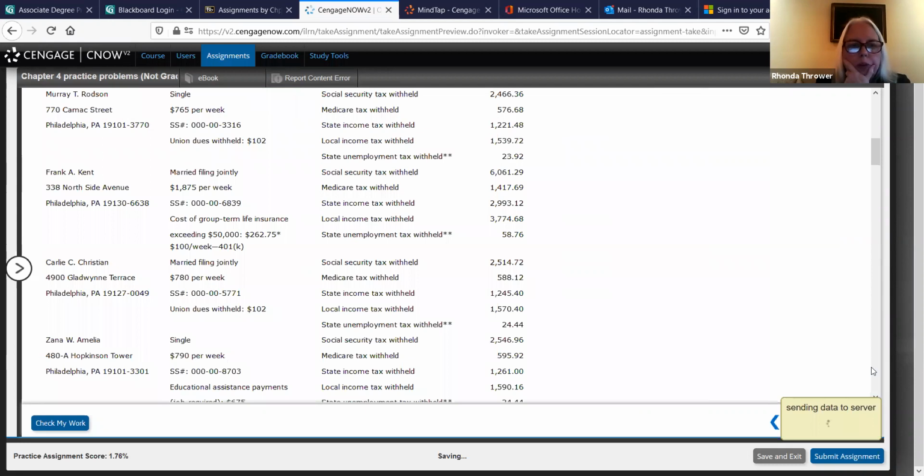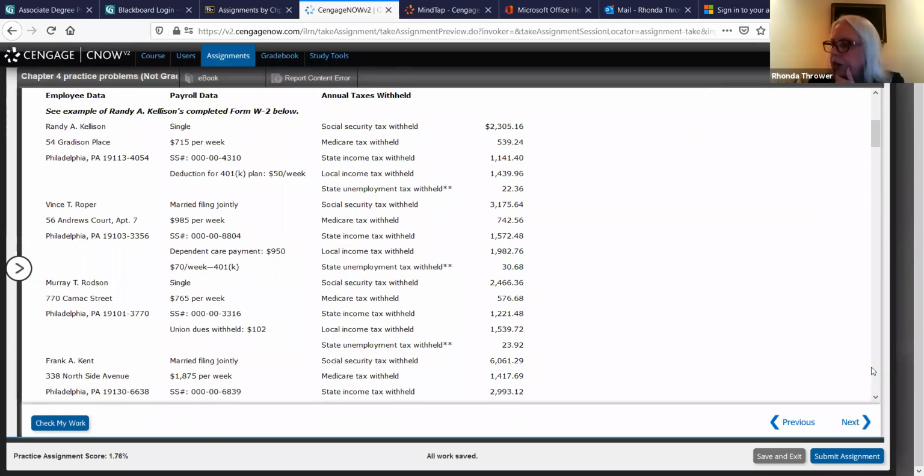For Roper, it was $985 per week. You've got to back out the $70 per week, and that leaves you with $915 that you multiply by 52 weeks.